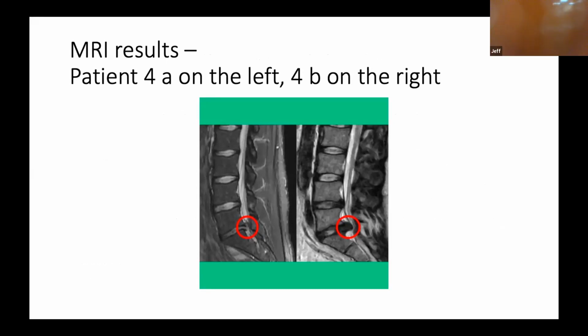Here are the MRI findings, and patient 4A is on the left and 4B is on the right. You can see the circles at the L5-S1 space, and you can see the difference in bulge or herniation at the L5-S1 of the right versus the left, with the bulge on the right side of the screen at the L4-5 space impinging on the same root, the same nerve.